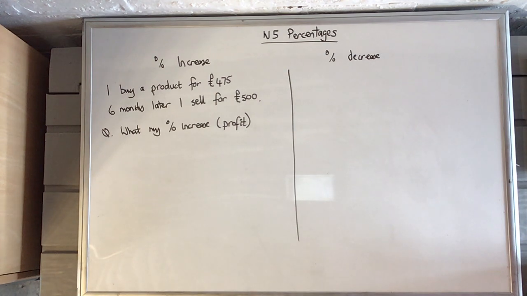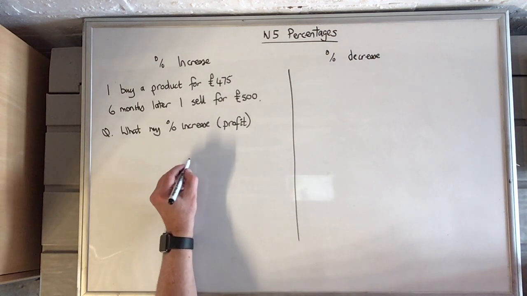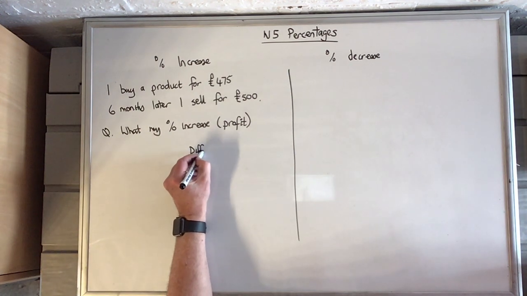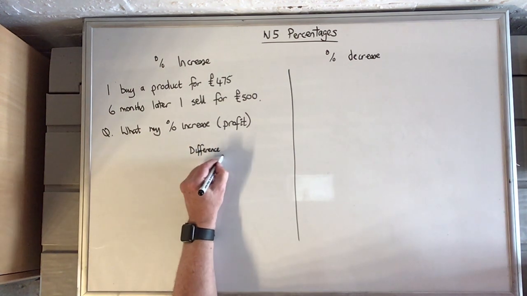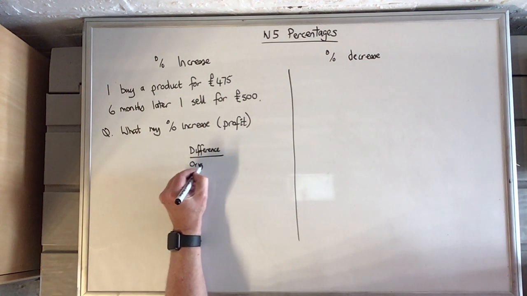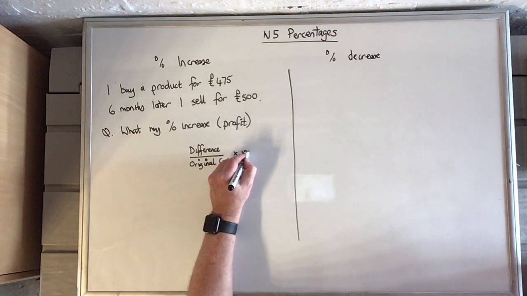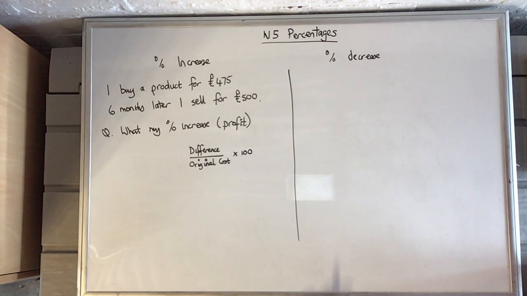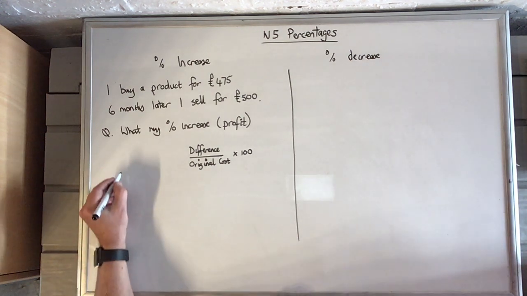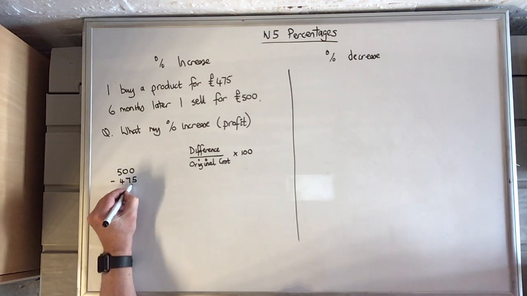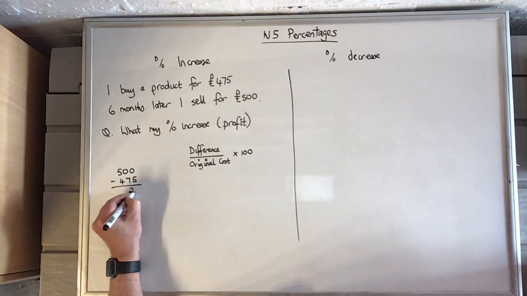Okay, the way we go about this, we've got a nice wee formula that we can just plug our numbers into. It'll be the difference in the prices over original, and that's original cost, and we times it by 100, and that gives me my percentage increase. So the difference is 500 minus 475, which gives me £25.